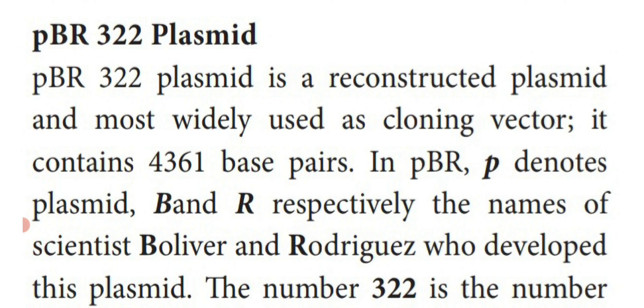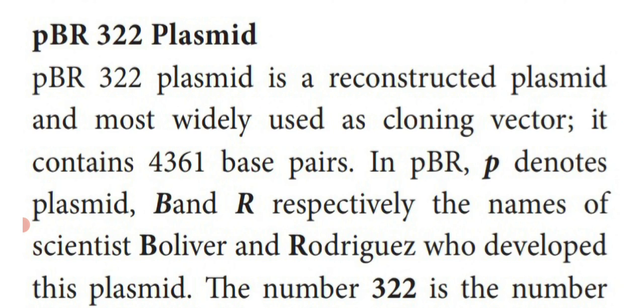Then in the name pBR322, P denotes plasmid. Then B and R denote the scientists who discovered this cloning vector, named Bolivar and Rodriguez. So P for plasmid, B for Bolivar and R for Rodriguez.